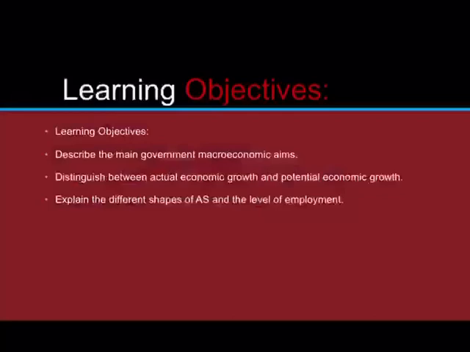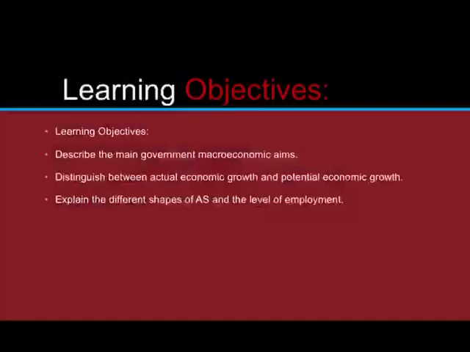Learning objectives. By the end of this lesson, you should be able to describe the four government macroeconomic aims, which are economic growth, full employment, price stability, and surplus in balance of payments. So I repeat, achieving economic growth is the first macroeconomic aim of the government. The second is achieving price stability.